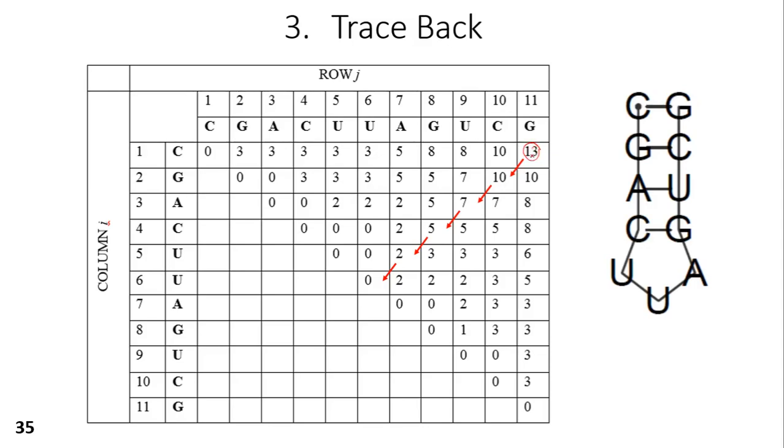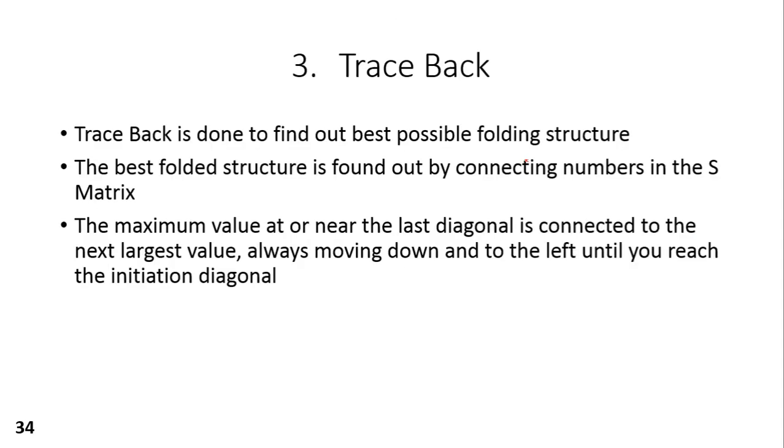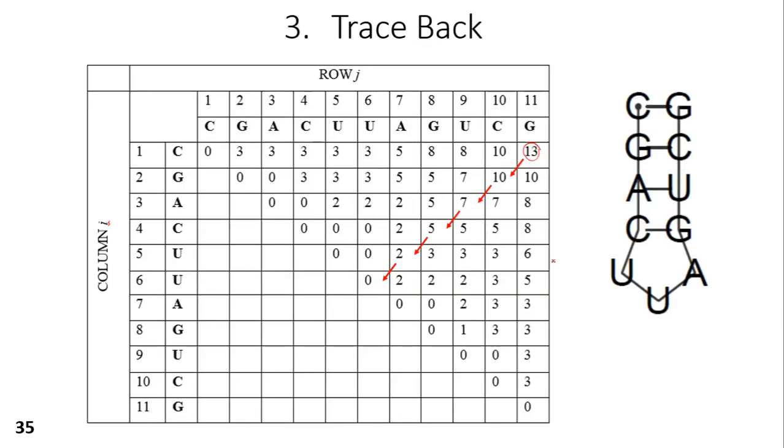That is 13. What was the next thing that we are supposed to do? We are supposed to connect the largest value, always moving down and left, that is diagonally this way round. So what is the next biggest value?